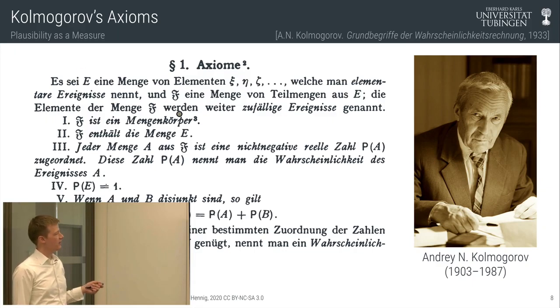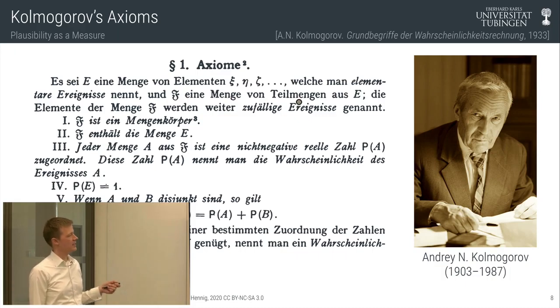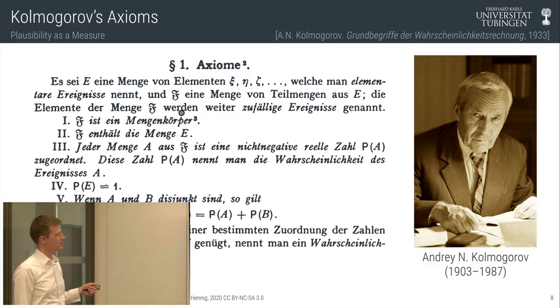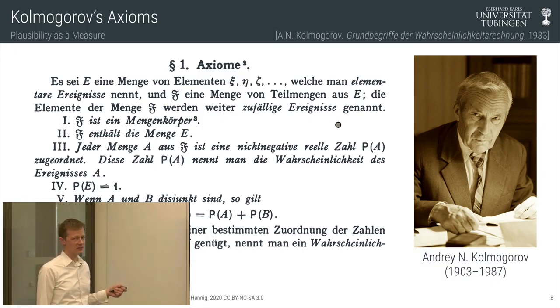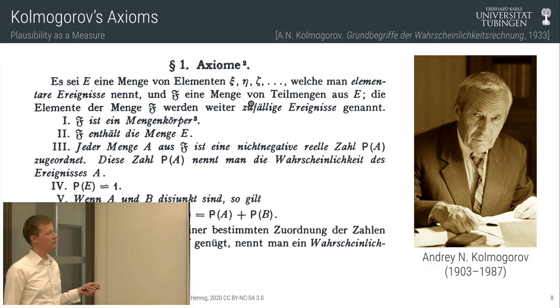For that, we define this German calligraphic F, which is a set of subsets of E. These elements of this set of subsets will be called random events. And we require from this set of subsets that it fulfills the following axioms.